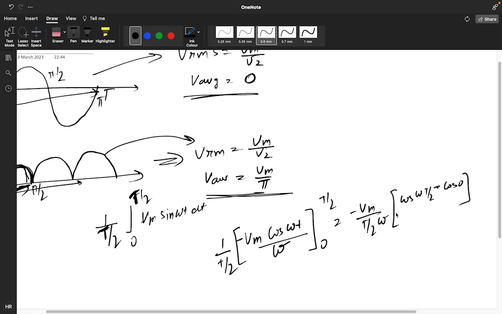So I just integrated it and put the value. Omega is what? Omega is 2 pi f. F can be written as 1 by t. This t will get cancelled out. You are getting minus 2 Vm by pi and omega is 2 pi f. F will get cancelled out. So this is coming cos pi.